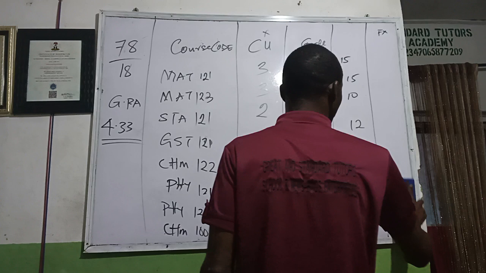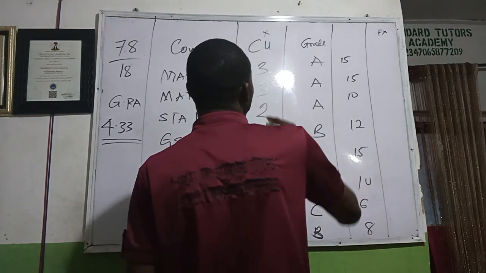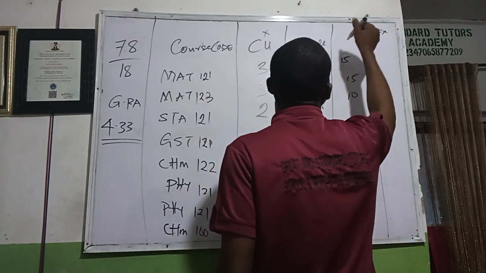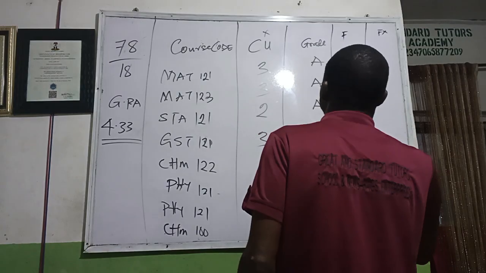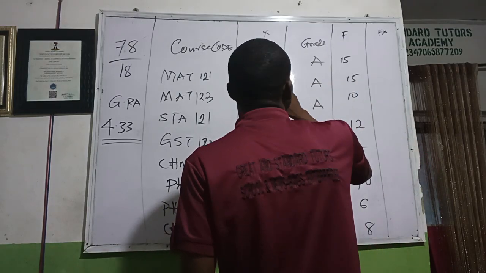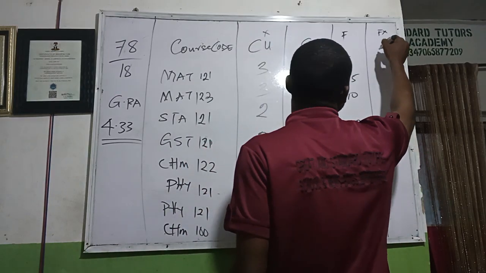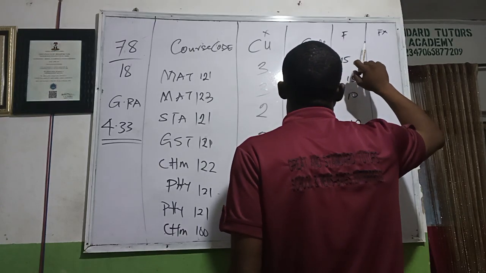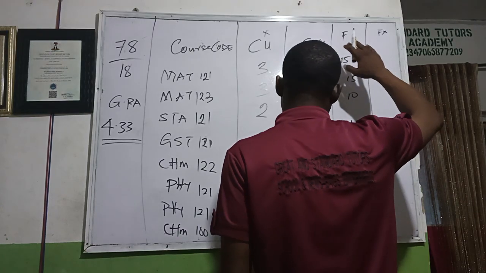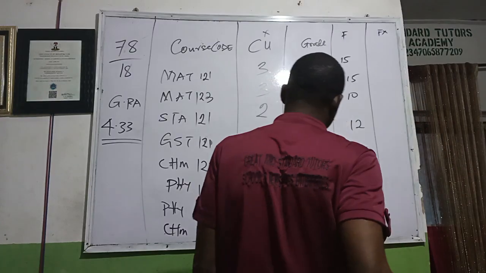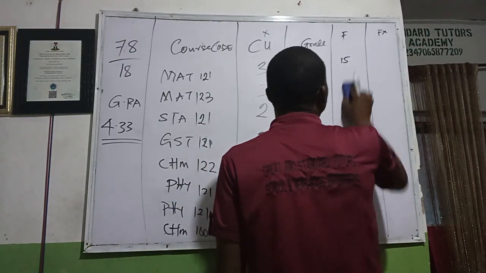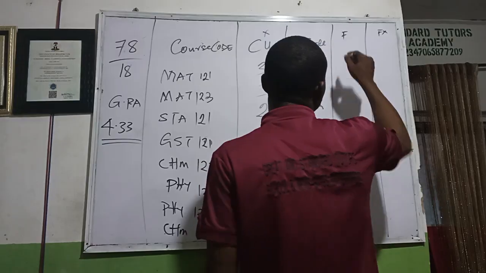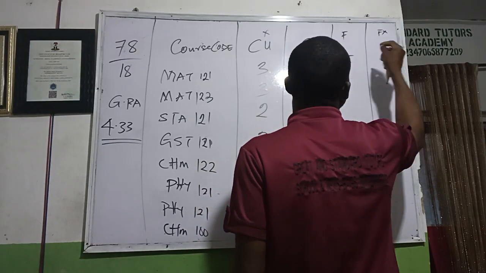Let's see what the multiplication of our f x will give. So I was actually doing this. So your grade here is 5, of course. It will be 15.